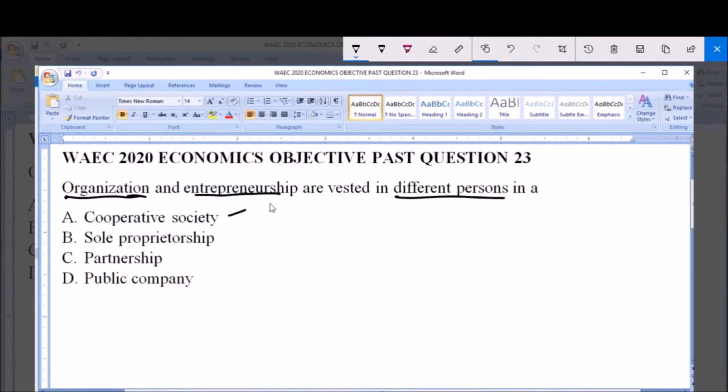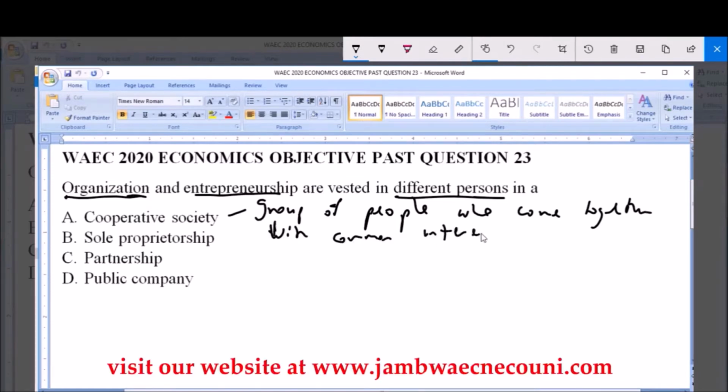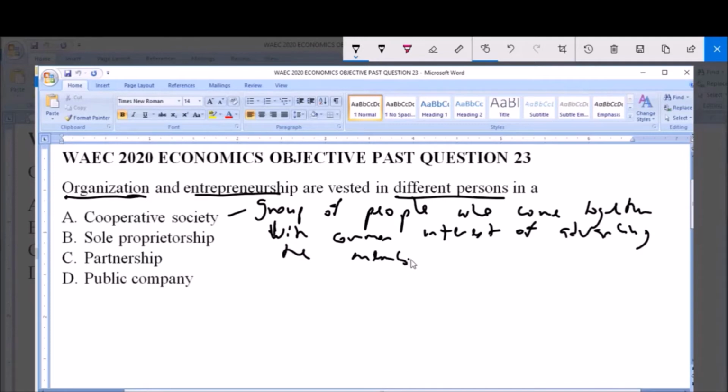Now option A says cooperative society. Now a cooperative society is made up of a group of people who come together with a common interest of advancing the members' welfare.